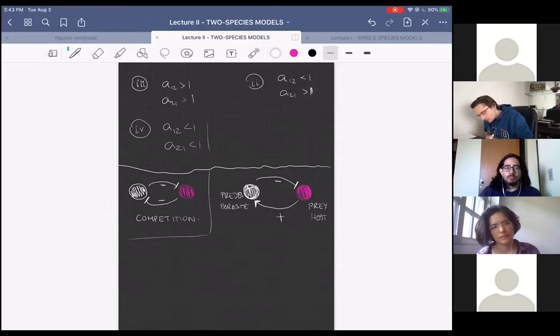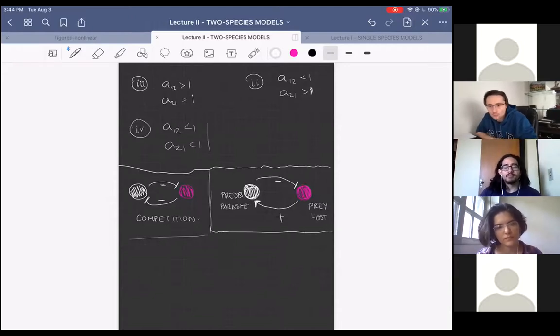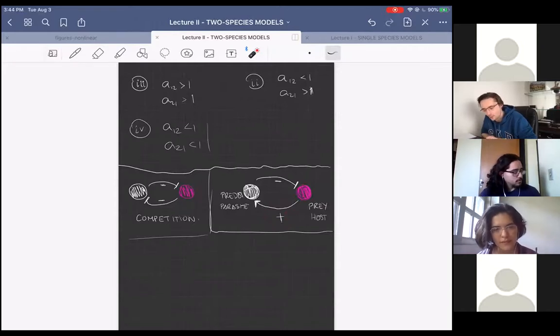So these type of interactions, as you can see, we can pretty much study them using the same formalism we've developed, but now we have a small difference, which is this sign of this interaction. And we will see how to put that in the equation in a while.